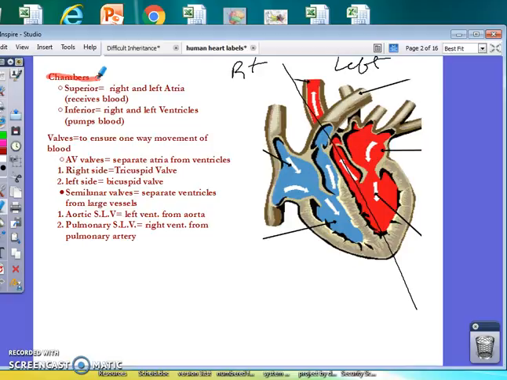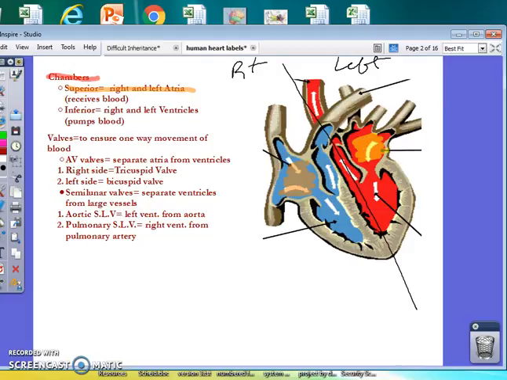You've got the 2 chambers that are on top, and those are the ones that are receiving blood. So you've got a chamber here, and I better use a different color for this side. You've got a different chamber there. Those are the 2 superior chambers, and those are known as the atria.